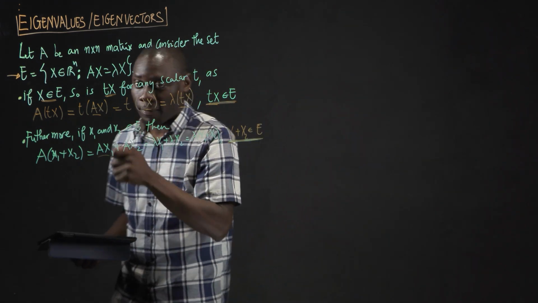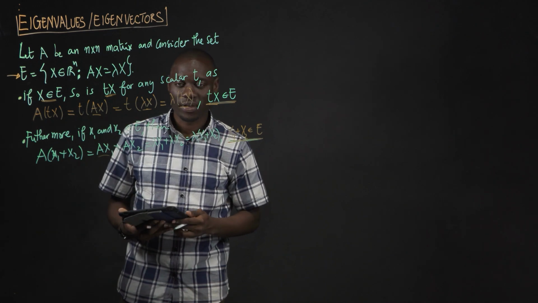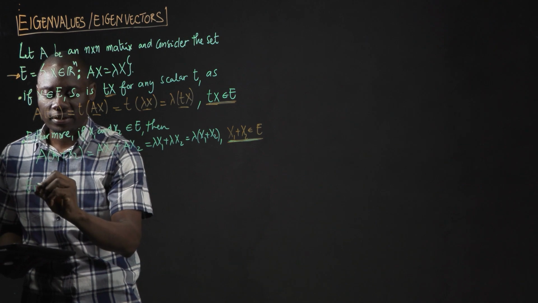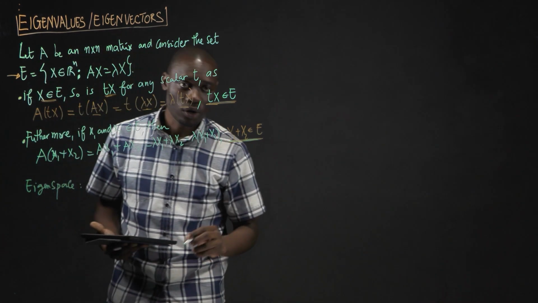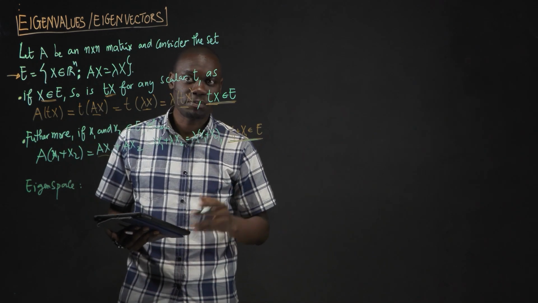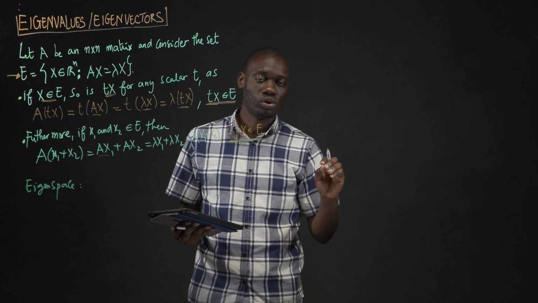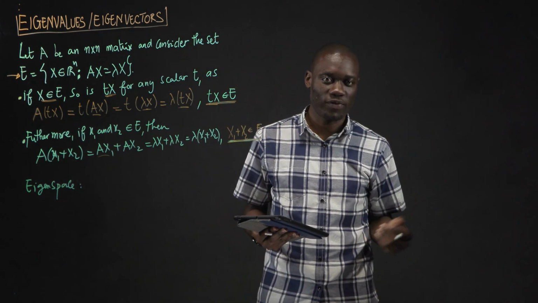How then can we define in a generalized way an eigenspace? An eigenspace, therefore, will be a space of eigenvectors corresponding to eigenvalues, including the zero vector.